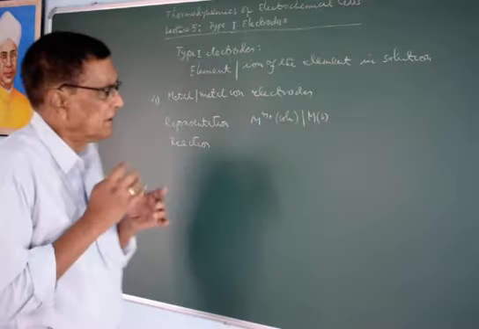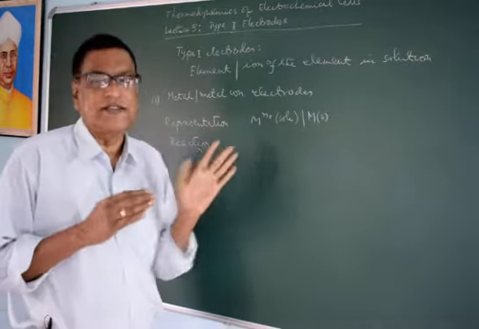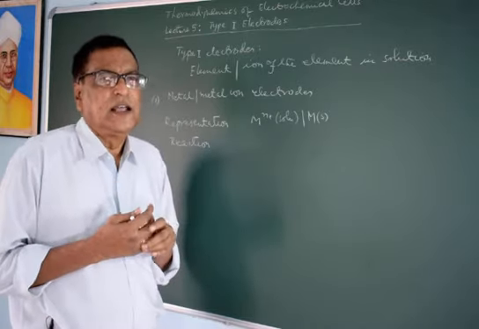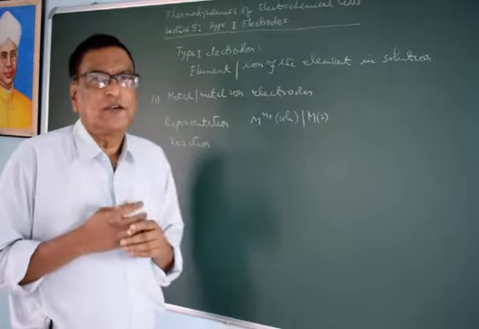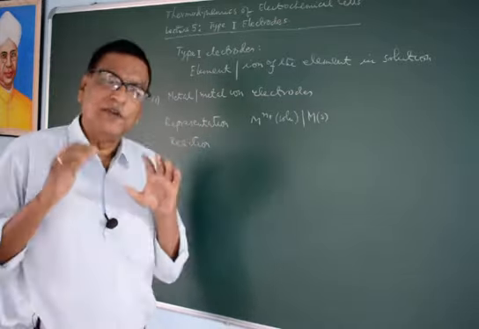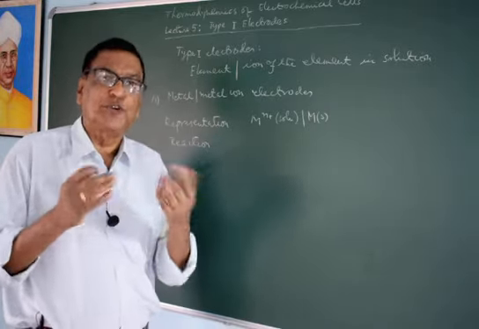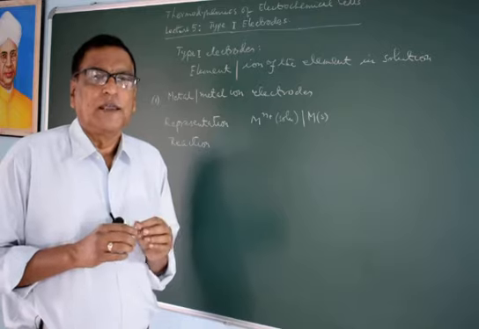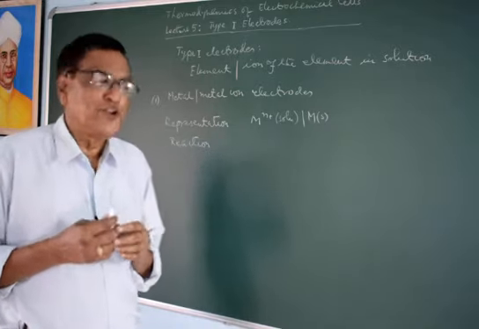which I shall represent for this electrode as if it is placed on the right hand side of the cell, where the reduction occurs. And naturally the reaction will be a reduction, and the potential so developed I call the reduction potential.